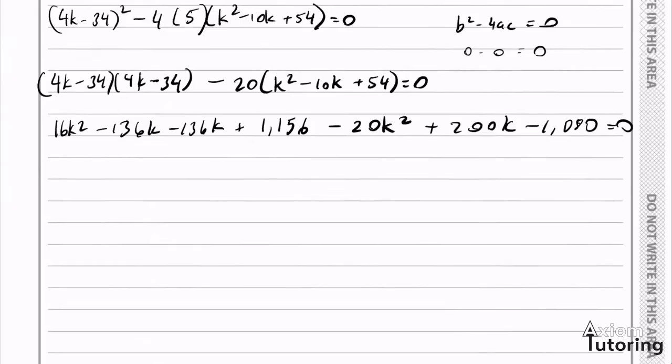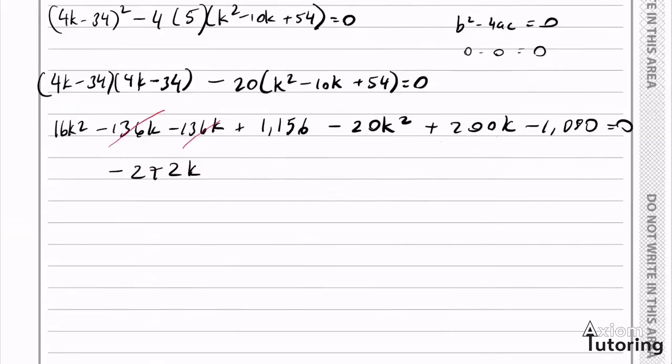So the first thing you'll notice here, just do these two terms here. These two terms are going to combine. Let's do this first, but of course we could have chosen to look at the k squared terms first. So here we have minus 272k. Just cross those out when you're done with it. But then you have plus 200k.